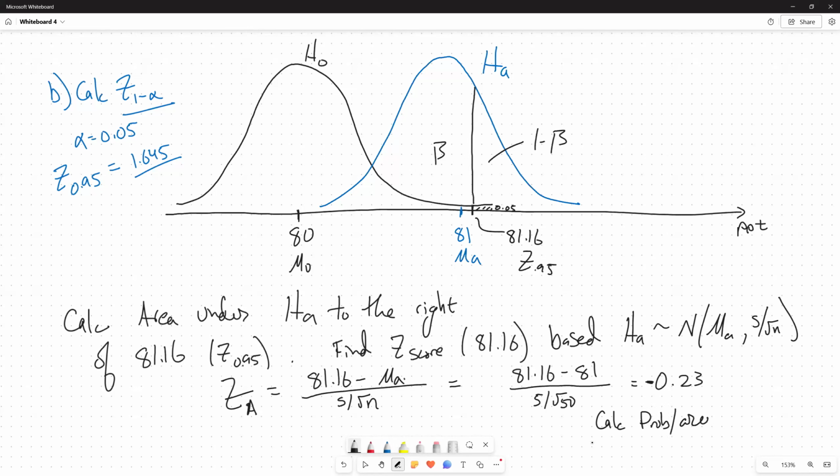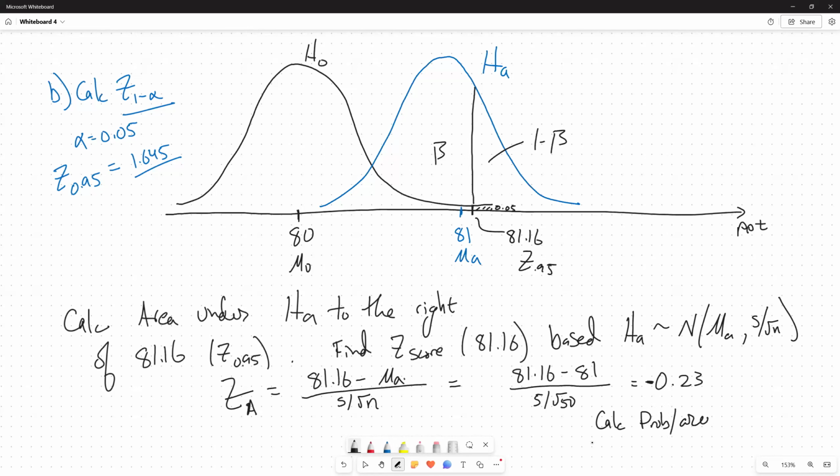So to do that, we can do the following. When you look at our tables, this is just the CDF of the normal distribution. We plug that 0.23 z-score in there, and that gives you the area up to that value. The cumulative distribution function gives you the area from the left up to that value, the cumulative probability.